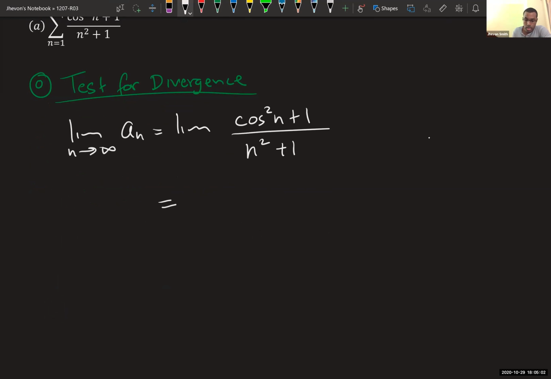It's 0. So what does that tell us? It converges, or it doesn't diverge. We know it doesn't. No, we don't know that either, actually. No conclusion. It's inconclusive.